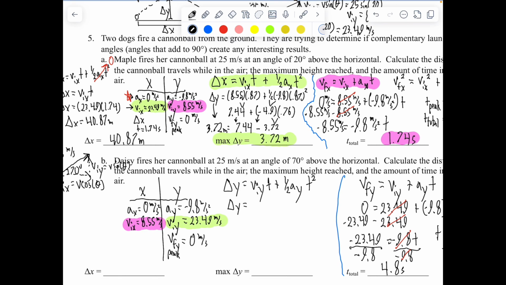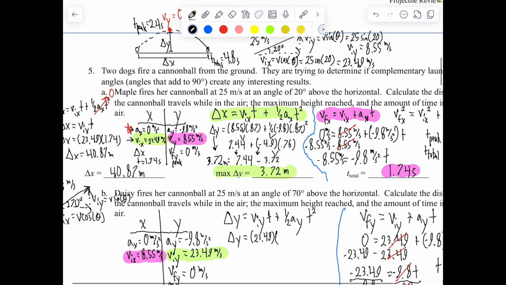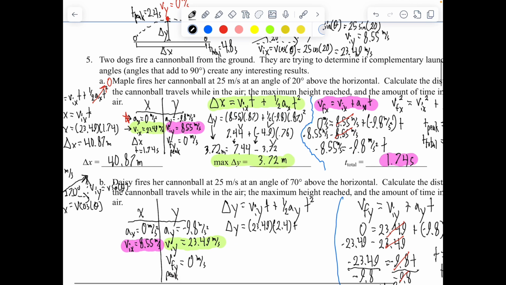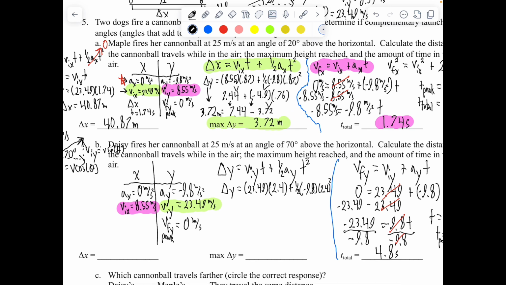The initial velocity is 23.49. The time, this is the time to the peak, so we'll use our 2.4, plus 1/2 that negative 9.8, 2.4 squared. And now we're just going to solve just like we did last time.